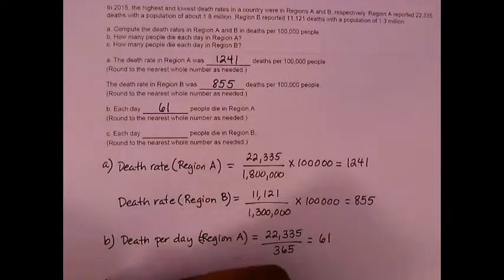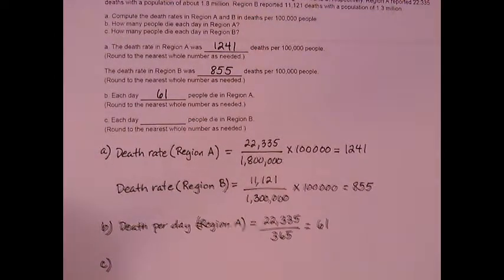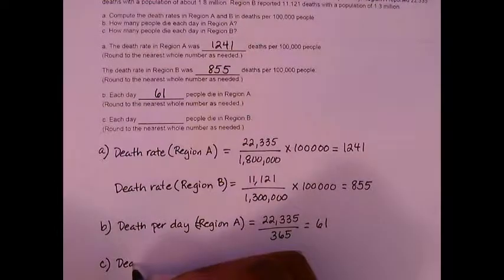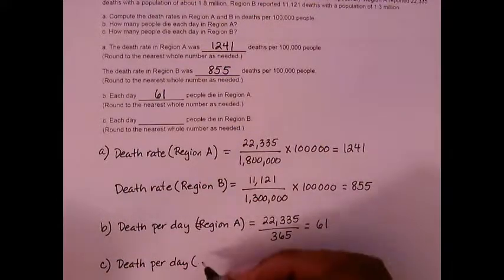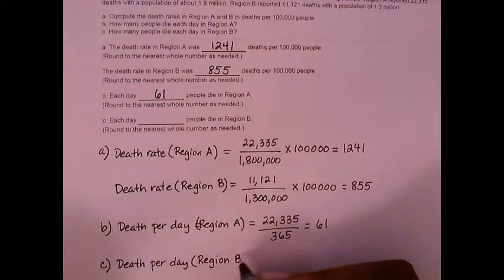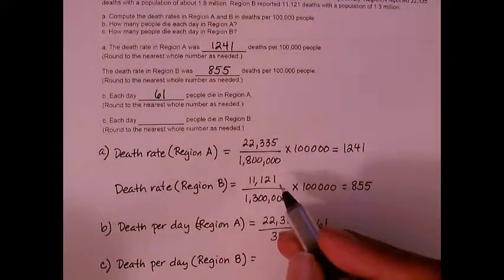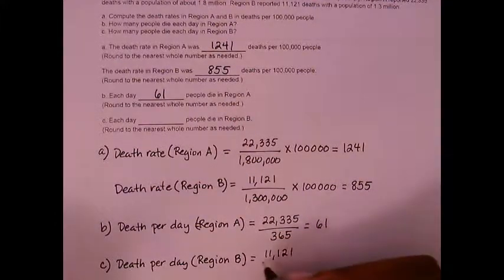Okay, and then part C, how many people die each day in region B. So again, we do the same thing as we did in part B. The deaths per day in region B, that's going to be the number of deaths in region B. That was 11,121.